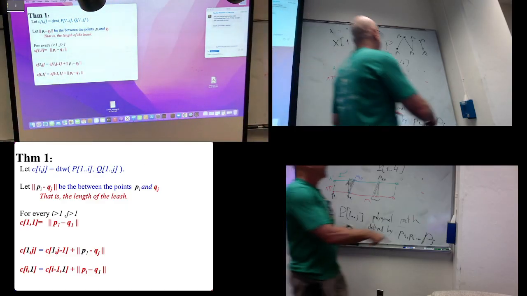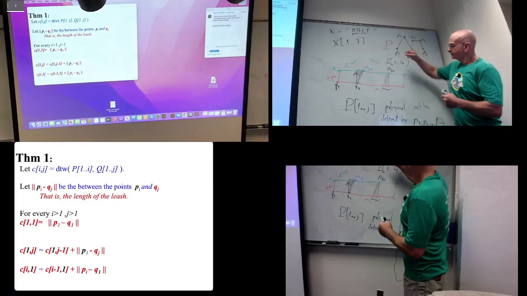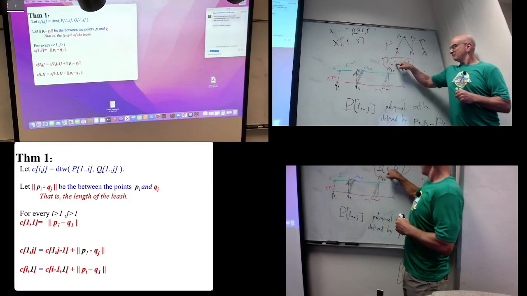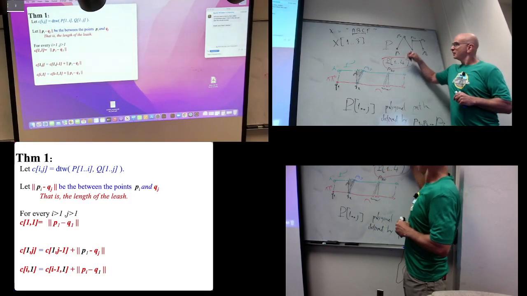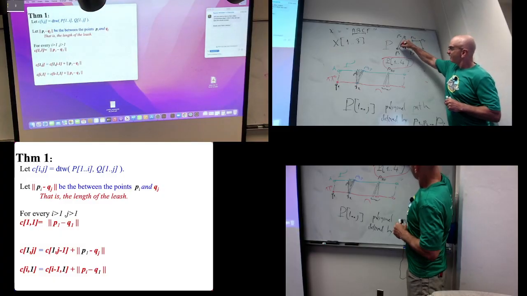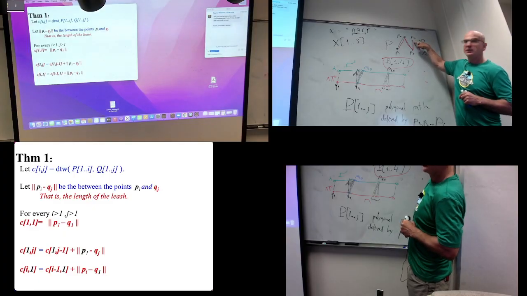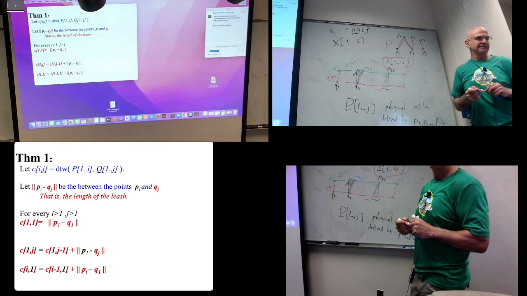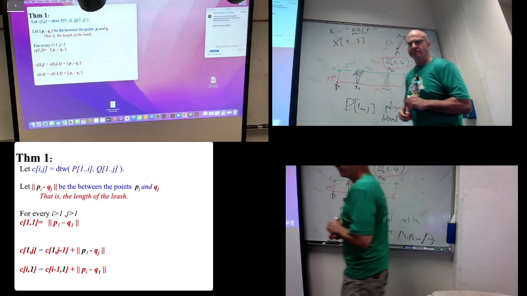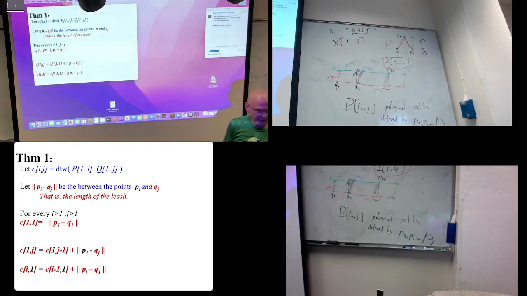Exactly like the string. So what is P of 1..4? It's a polygonal path that consists of P1 goes to P2, goes to P3, goes to P4, and that's it. That's my polygonal path. This notation is completely analogous to what we used in the LCS and the edit distance.